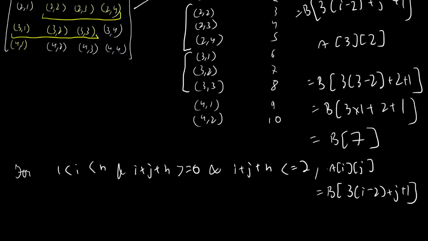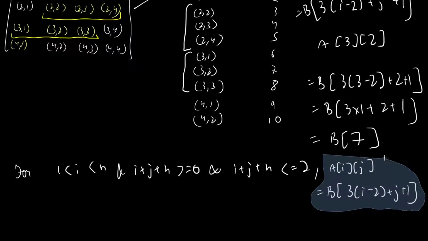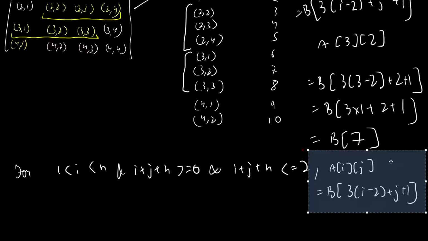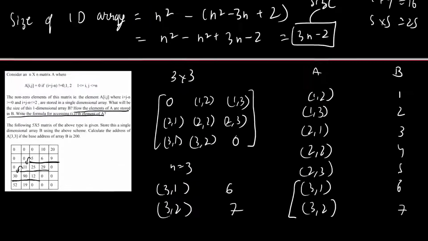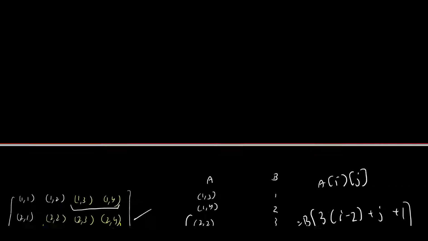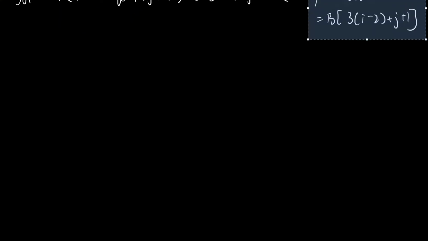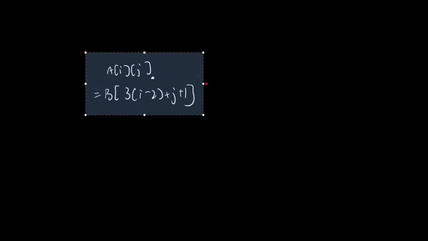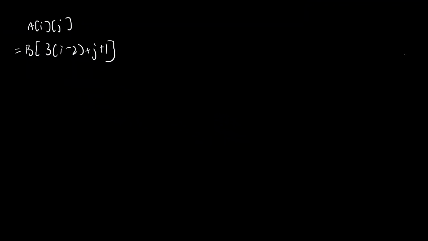Let us take this condition for a 5 cross 5 matrix. So the 5 cross 5 matrix that we had over here, let me get this. Now I'm getting the matrix.